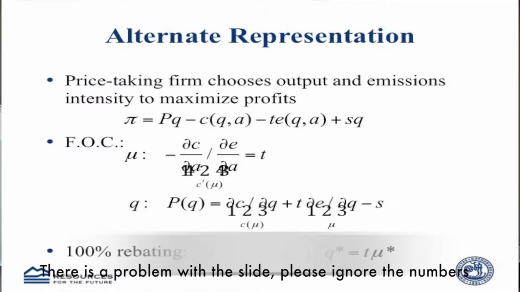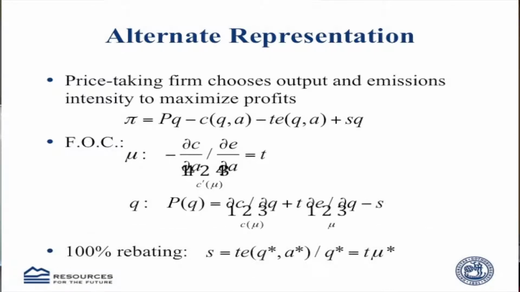This is just to show you, you don't have to set it up in the way that I did with the emissions intensity mu. You can set it up so your cost can be a function of both your output and abatement, and your emissions are then a function of your output and your abatement efforts. But you end up with effectively the same thing.